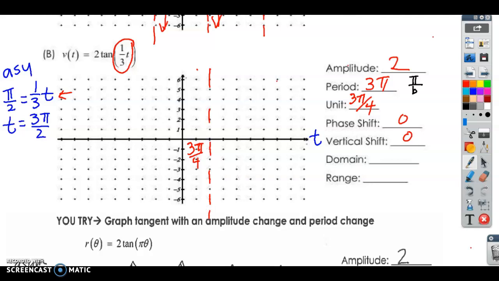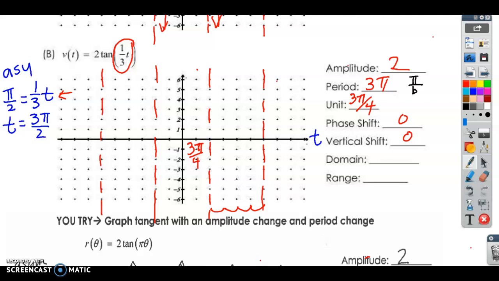I have fixed my board so that after every 4 units, 1, 2, 3, 4, I'm going to have a full period because we're counting by 3 pi over 4. So my next asymptote will be here. Basically we're setting this graph up so we can easily graph it.